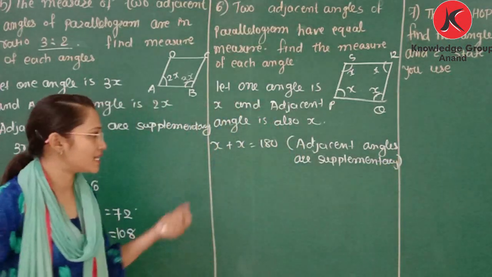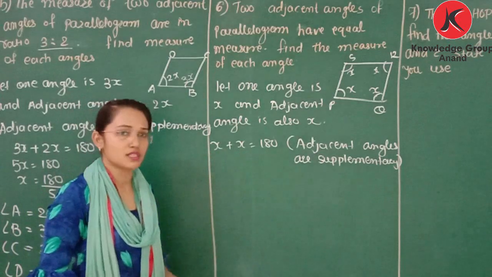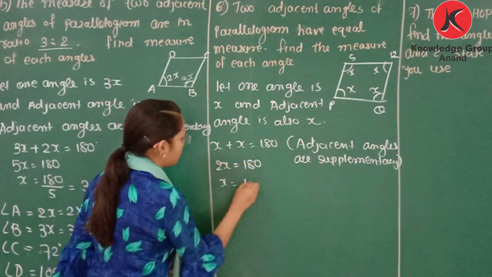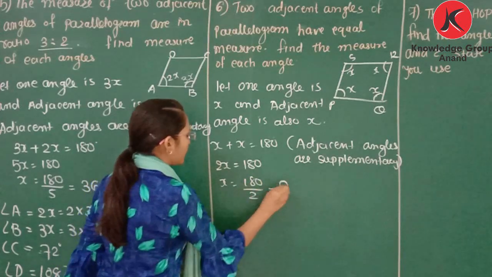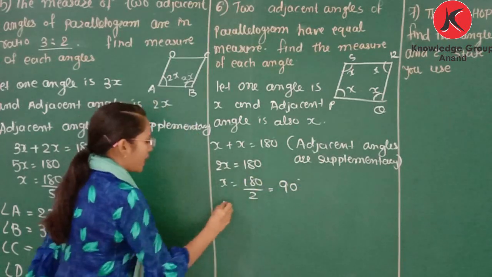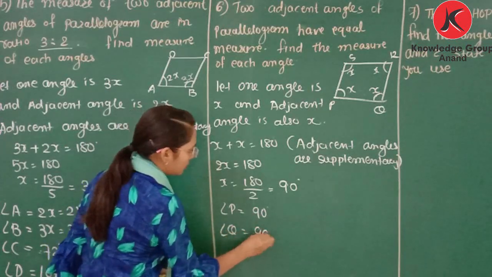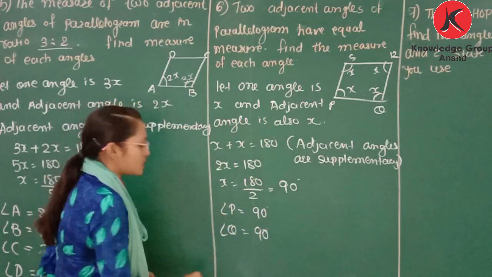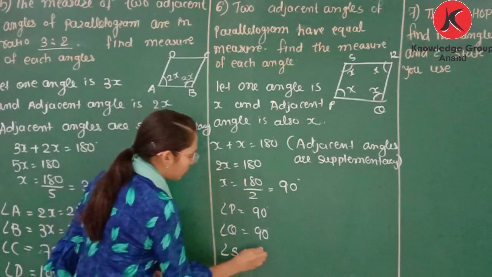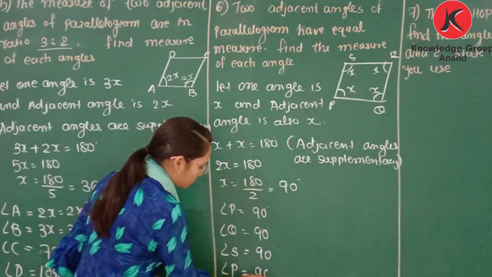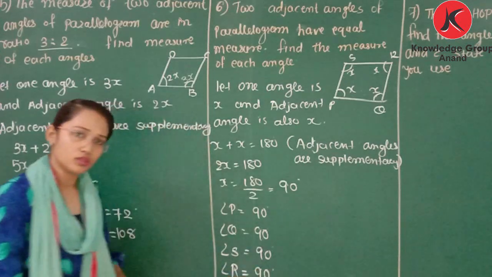So we can write x plus x is equal to 180, that is 2x is equal to 180, x is equal to 180 divided by 2, that is 90 degrees. Means angle P is equal to 90. Angle Q is also 90. Angles Q and S are opposite angles, so S is also 90. And angles R and P are also opposite angles, so R is also 90.